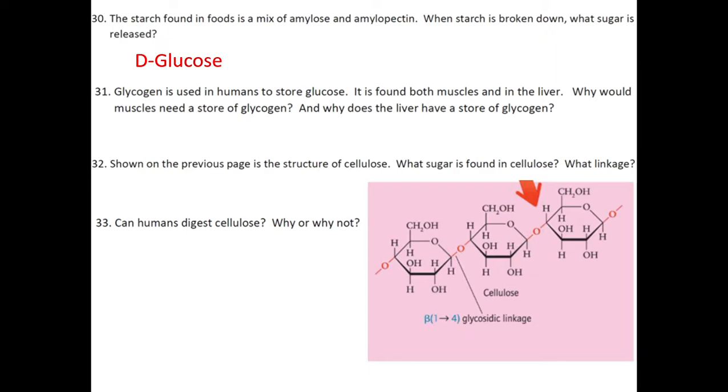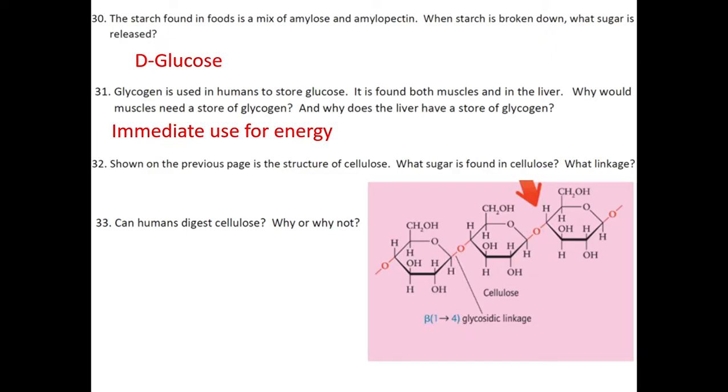31. Glycogen is used by human, all right, to store glucose. We have glycogen not only in muscles, but also in livers. So why would the muscles need a store of glycogen? Well, that's because we can use it immediately. All right, we need immediate use for energy.